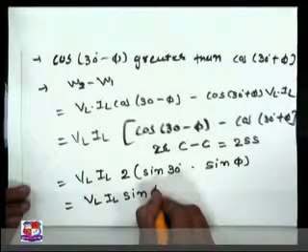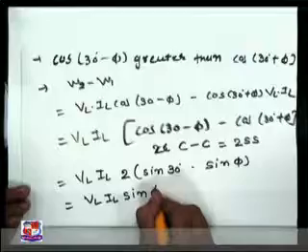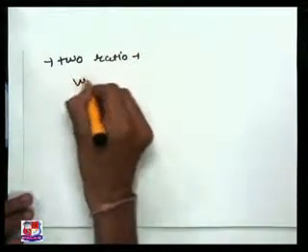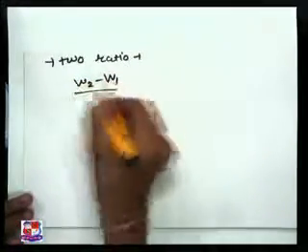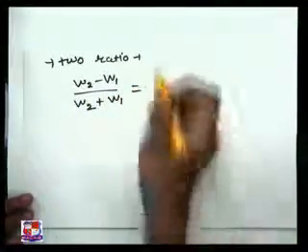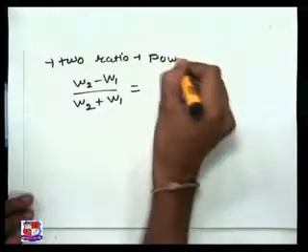This is because we take the difference of the 2 wattmeter readings for measurement of the power factor. So if we take the ratio of the 2, W2 minus W1 upon W2 plus W1, for the measurement of the power factor.